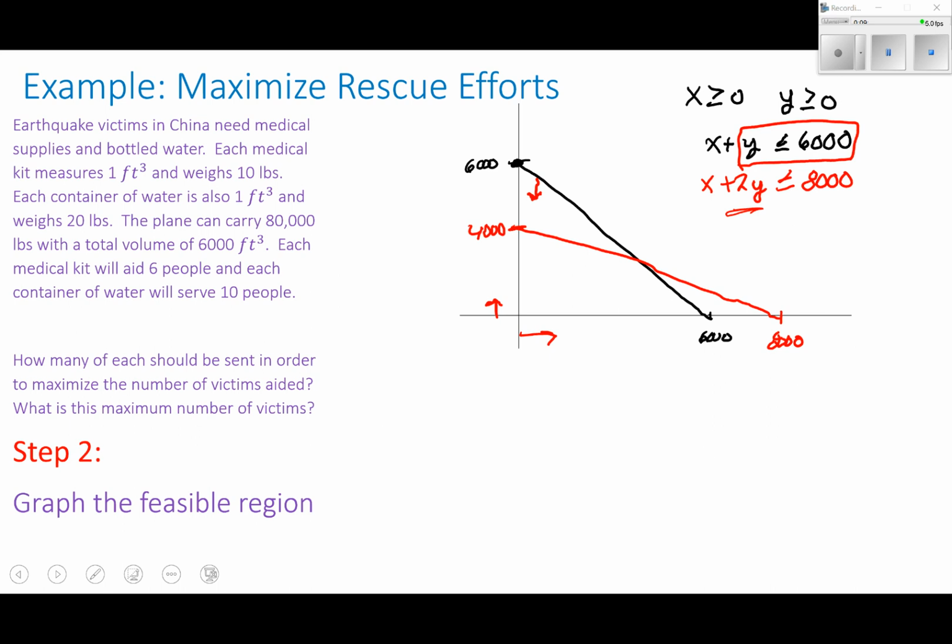So again, I'm not going to have any negatives where I have to reverse the sign. So y has to be less than my line. So this one's going to be shaded down as well. So this right here is the feasible region. And then from there, I can figure out what some vertices are. So our vertices are going to be here, here, here, and here. So I'm only looking at the vertices for my feasible region.